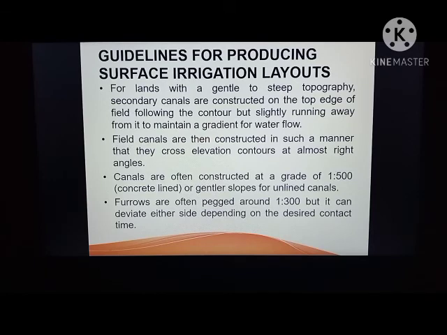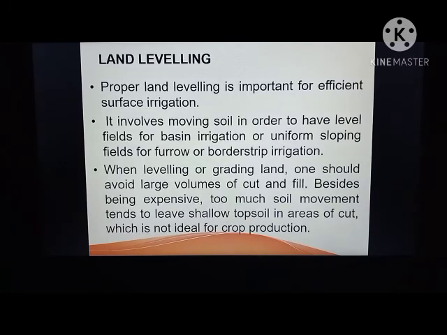Canals are often constructed at a grade of 1:500 and gentler slope for unlined canals. Furrows are often pegged around 1:300, but it can deviate either side depending on the desired contact time.